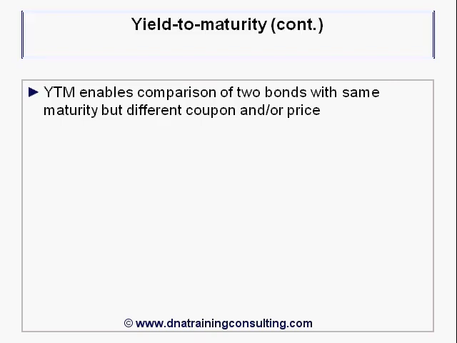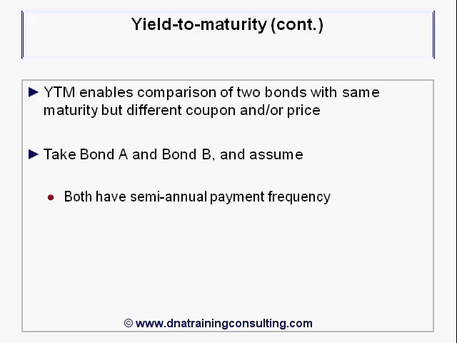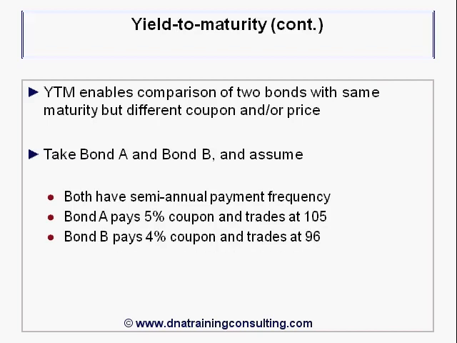To illustrate, assume bonds A and B have a semi-annual payment frequency, that bond A pays a 5% coupon and trades at 105, and that bond B pays a 4% coupon and trades at 96.